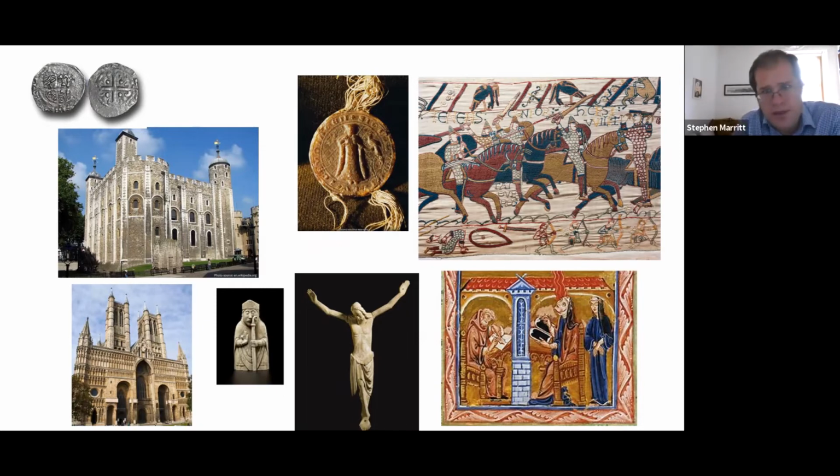Castles, of course, you can find ten a penny on the web. This is the Tower of London, William the Conqueror's first stone castle. If you look at this, it has massive windows. Why would you have a massive window in a castle? Modern historians of castles, and historians of England in particular, have moved away from thinking of castles as just about defense to thinking of castles as ways to represent power.